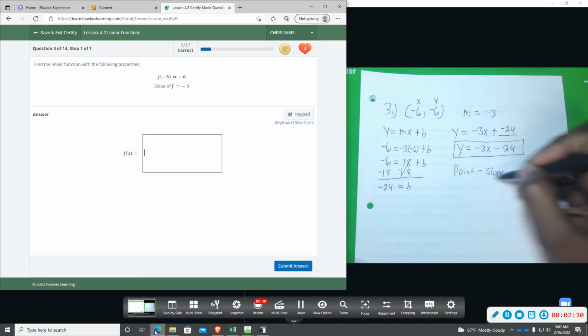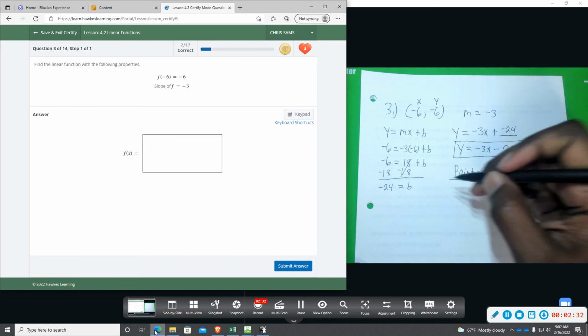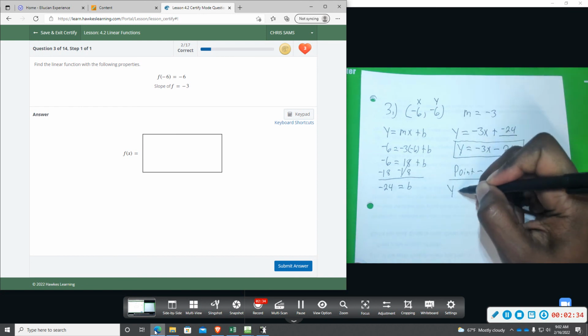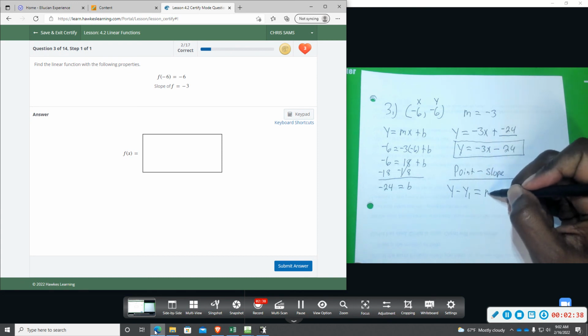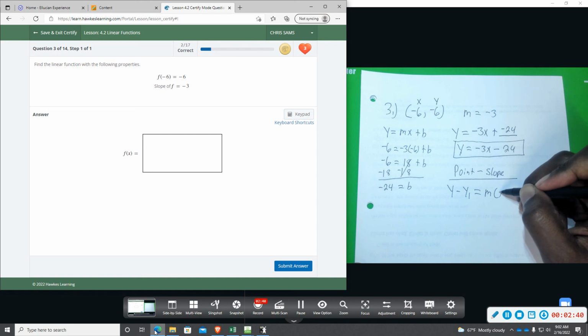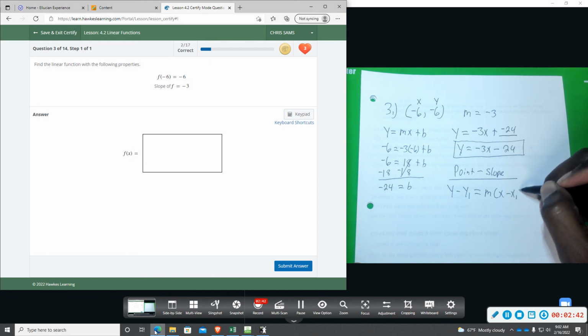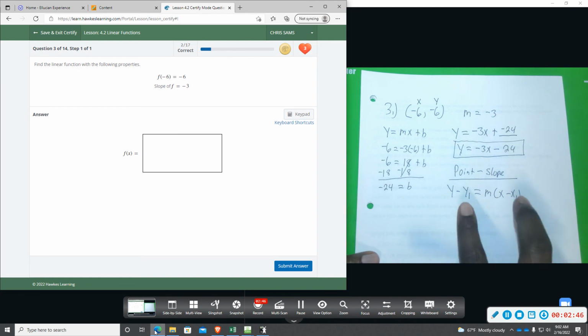But there's a point slope equation that is y minus y1 equals m times x minus x1. Okay? So in here we would be plugging in y1 and x1 for the point that we got and the slope. So let's do that.